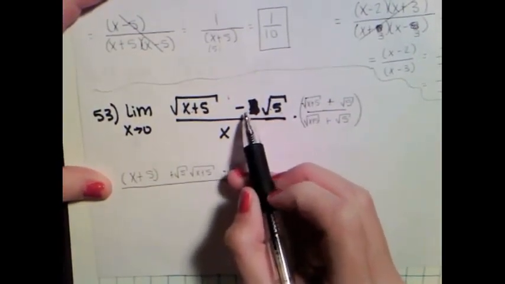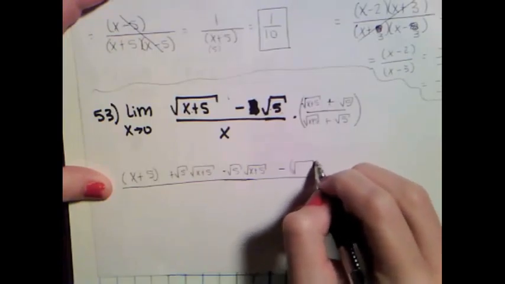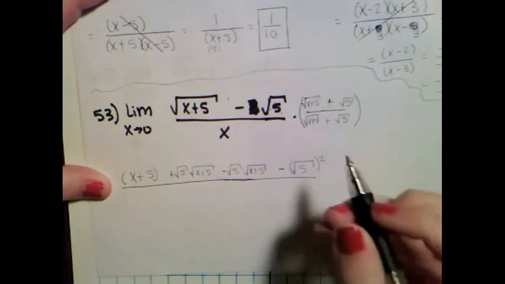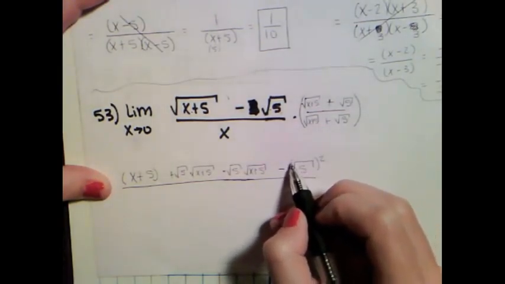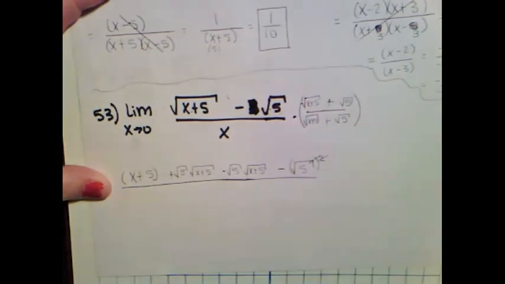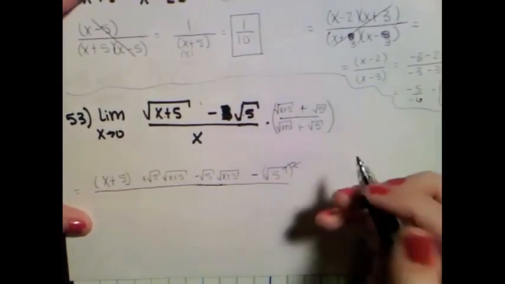Negative times a positive gives us a negative, and we have the square root of 5 squared. Now these cancel each other out still. The square root symbol cancels with the exponent 2, and we're left with just the 5 inside.